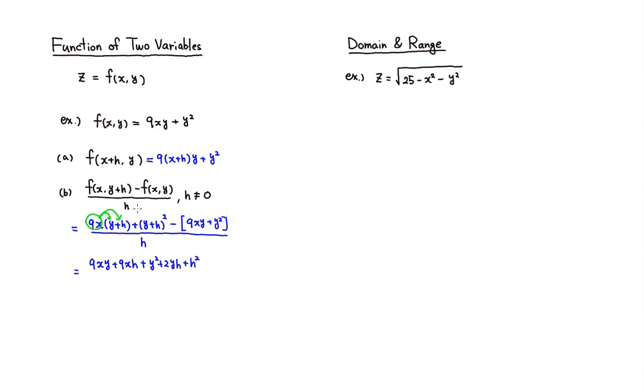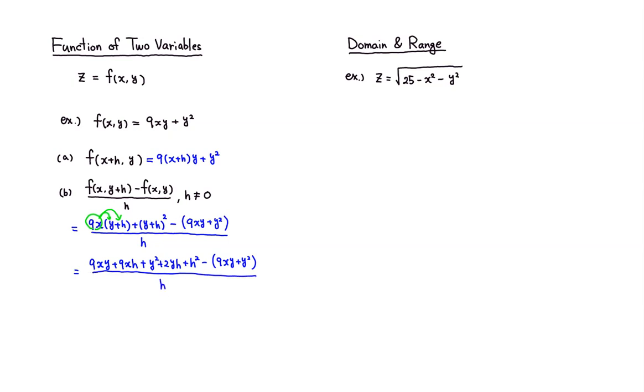And then we're subtracting 9xy plus y squared. I didn't need a square bracket there, so I'll change that and put regular parentheses. And then all over h.